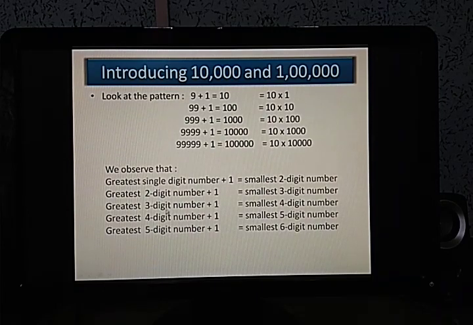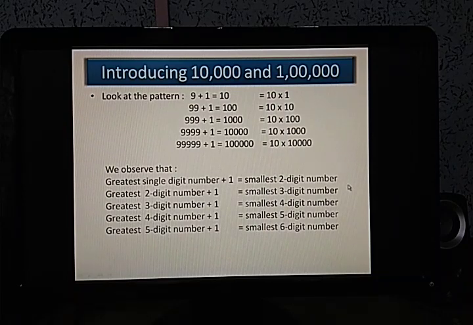If we add 1 to the greatest 3-digit number, we get a 4-digit number, and from 4 digit we get 5 digit, 5 digit we get 6 digit. So gradually, this is a pattern. Whenever we add 1 to the greatest number of a digit length, we get the smallest number of the next digit length. I hope you all have understood now, got some idea.